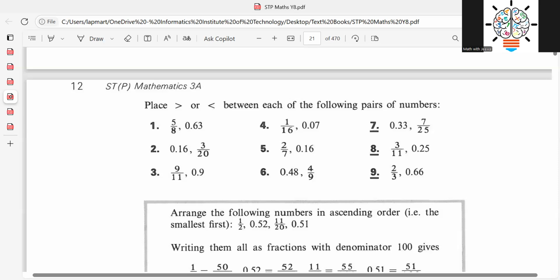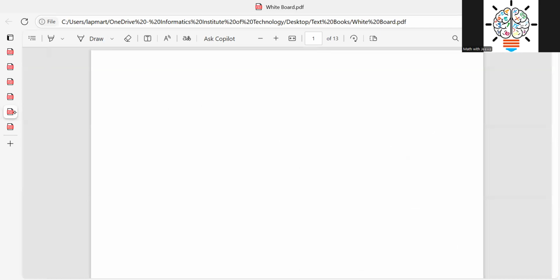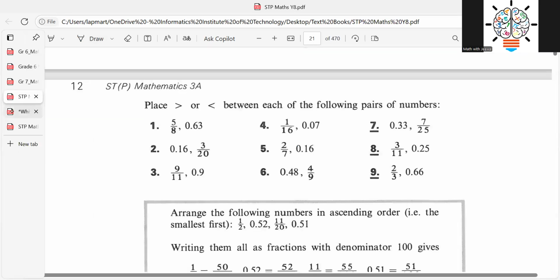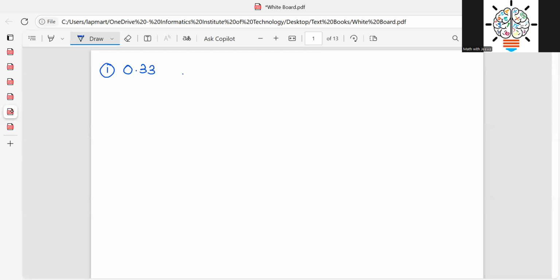So then here I will take the first sum, 0.33, right? What is the other number? 7 over 25, right? So what I do here, children, I write this as a fraction, 33 over 100. And then here I have 7 over 25.